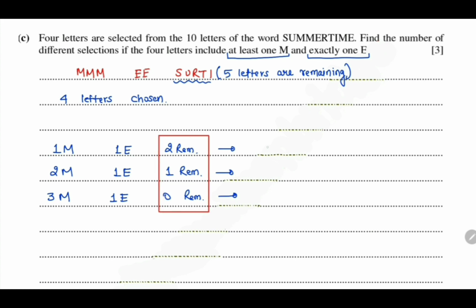So I can select 2 remaining out of 5 in 5C2 ways, here 5C1 ways, and here 5C0 ways. I will add them, and that will be my final answer. This is my total selection.